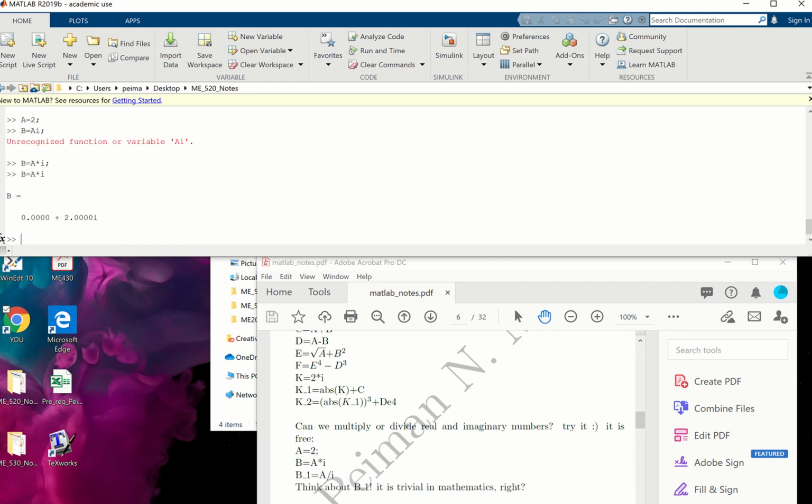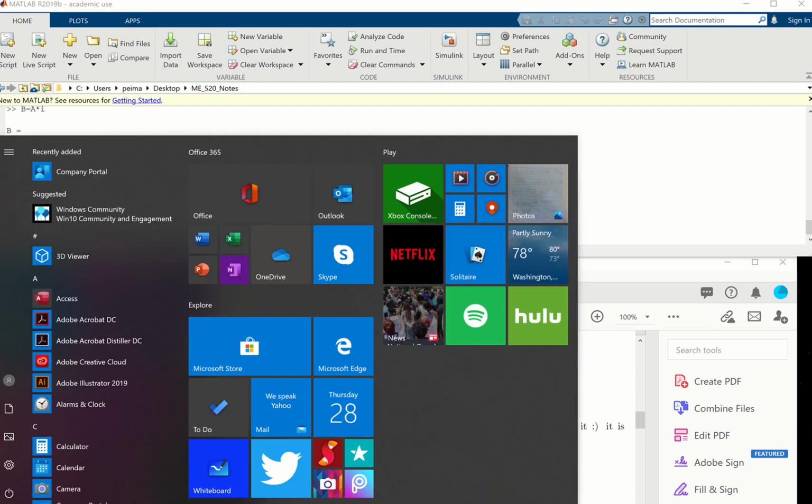Different from, see, this shows you this. Understand? Now I'm going to say b1 is equal to a divided by i. So a is 2. Gives you this. Understand? How did we come up with this? Can you guess? All of you? Let me show you. This is mathematics.